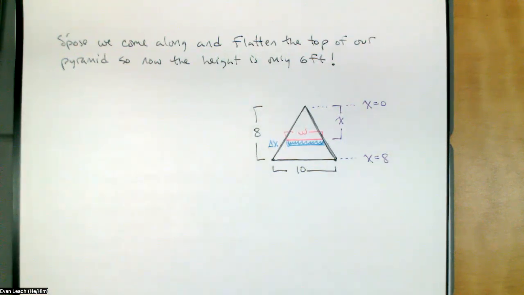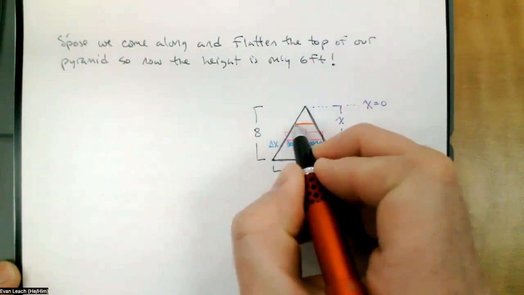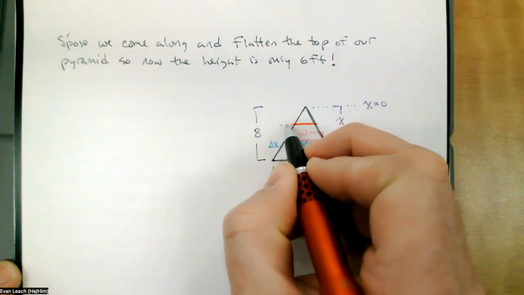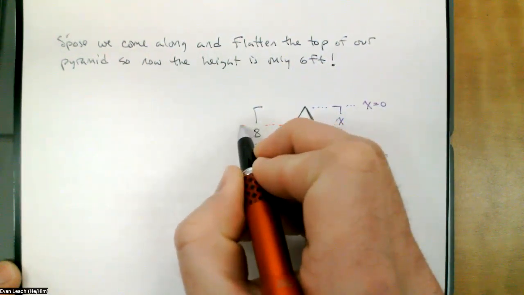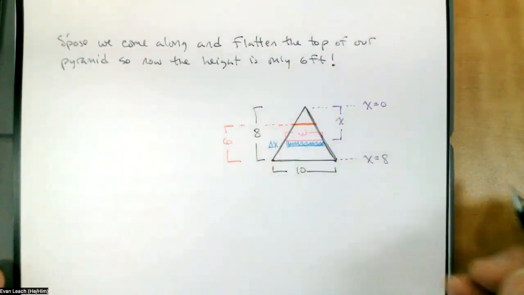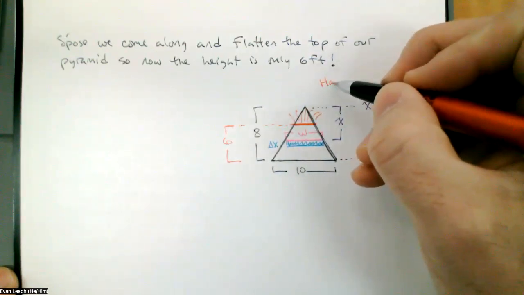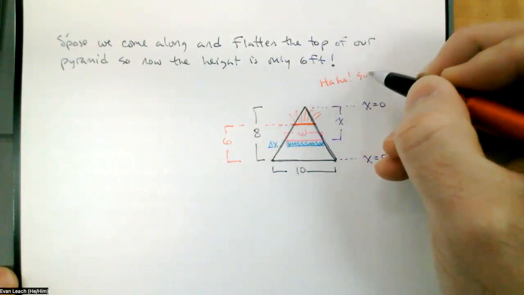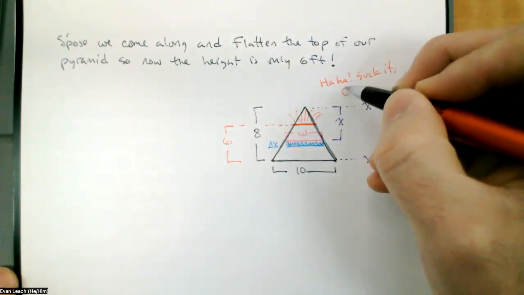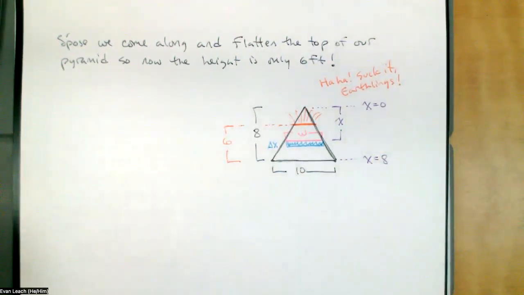So in this problem, the aliens come along and they cut off the top 2 feet. So this is now gone. And now we want the volume of what's left over.